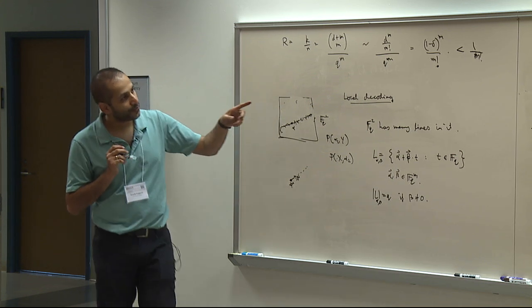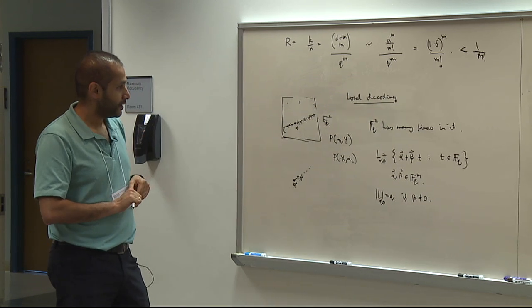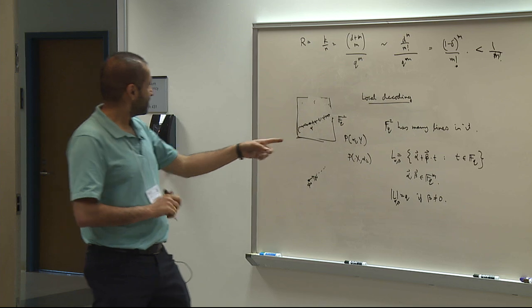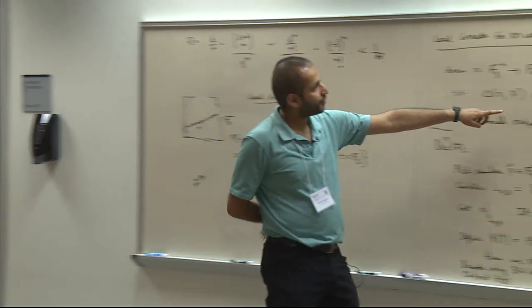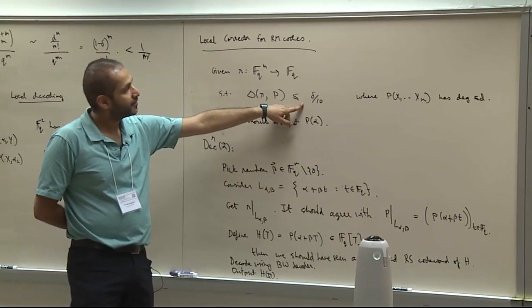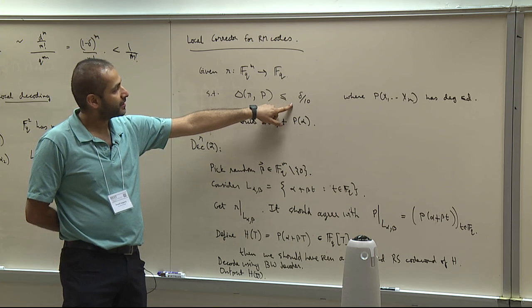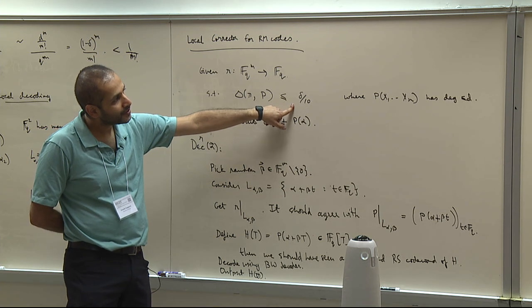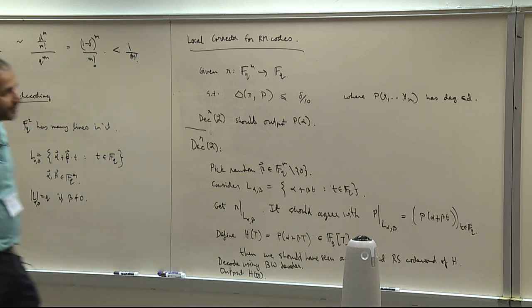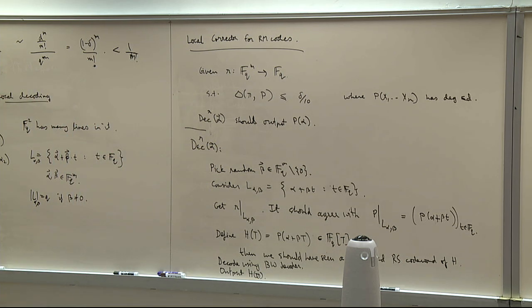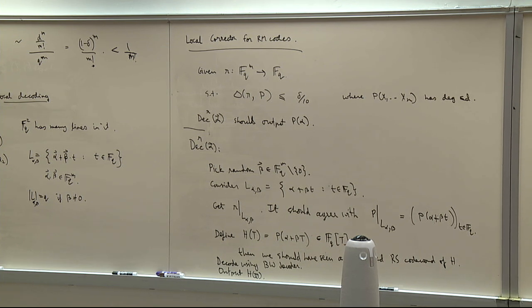This is delta over 10. Can I make it delta over 2? I think if you substitute a moment bound, you can use Chebyshev.